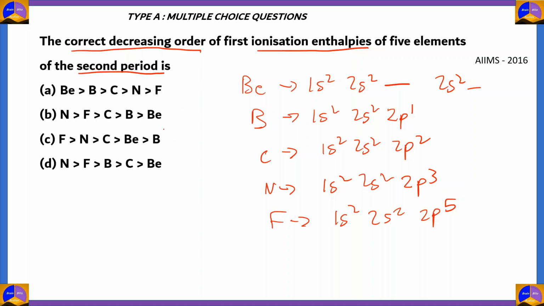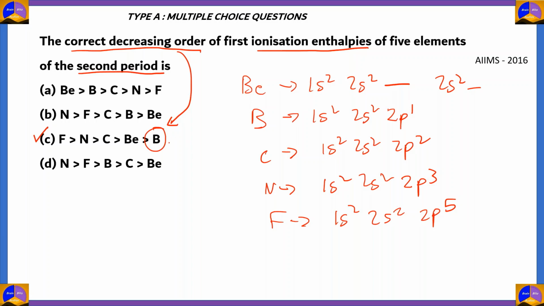And the only one in which boron is the last is option C. So over here, we're given the decreasing order. So that means the last element would have to have the lowest ionization enthalpy.